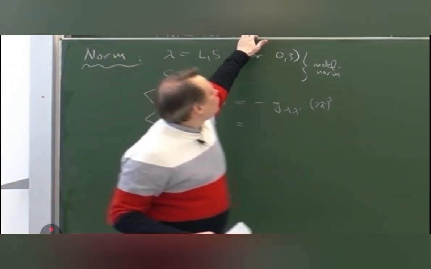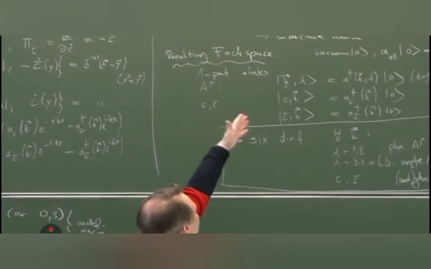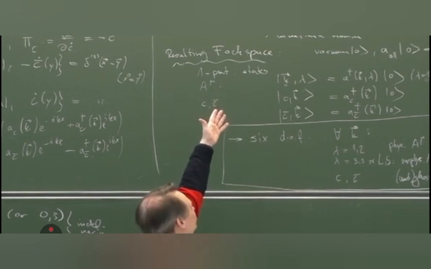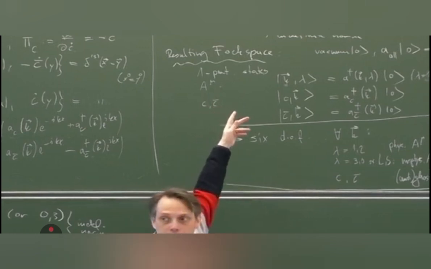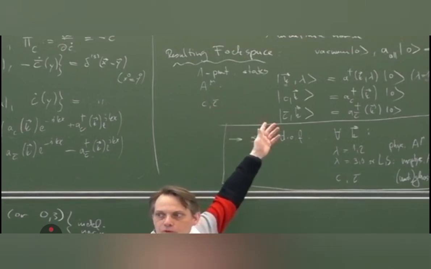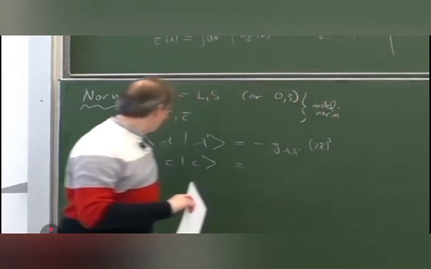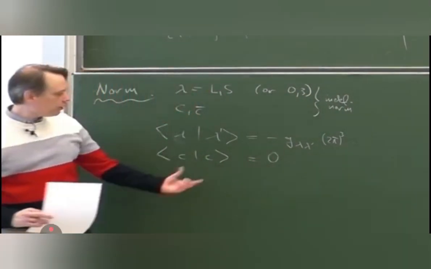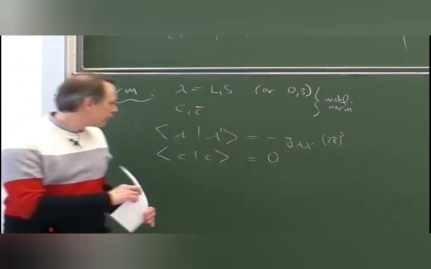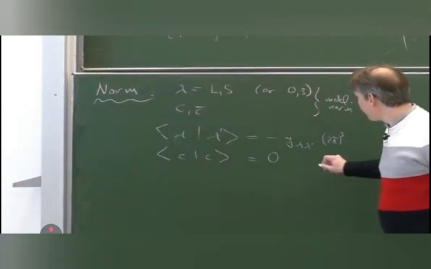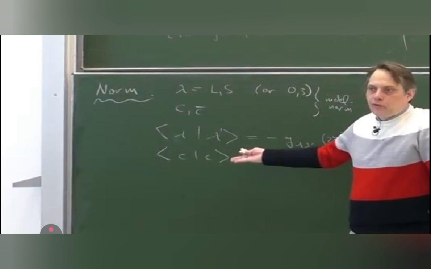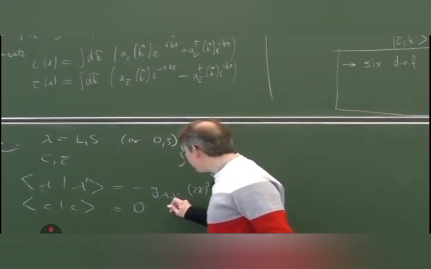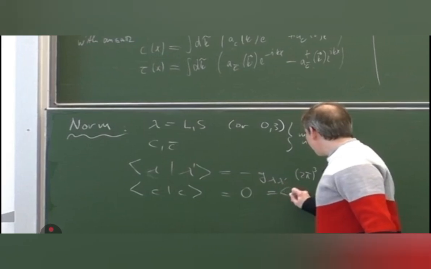But the only non-vanishing anti-commutators between the ghost creation operators are the ones with C and C bar, whereas C and C, they anti-commute. And so therefore here we would simply get 0. So the scalar product of a ghost state with itself is 0, so it's a 0 norm state. But the state itself is not 0, therefore we have a norm which is not a positive definite norm. And the same is of course true for the anti-ghost state.